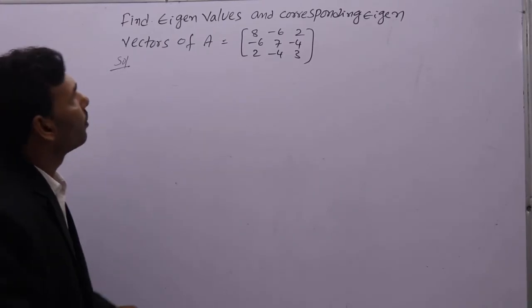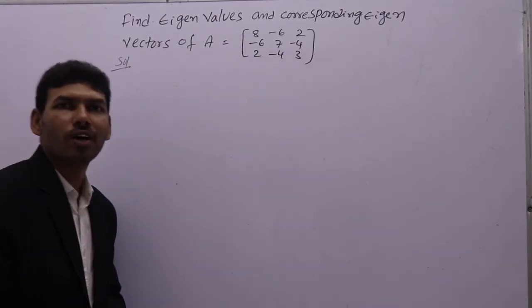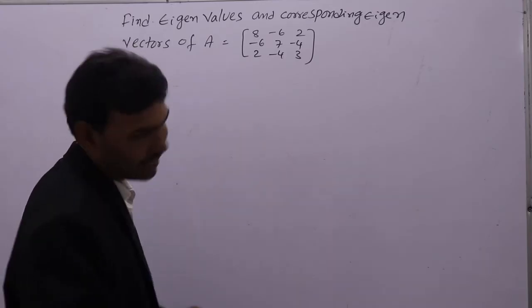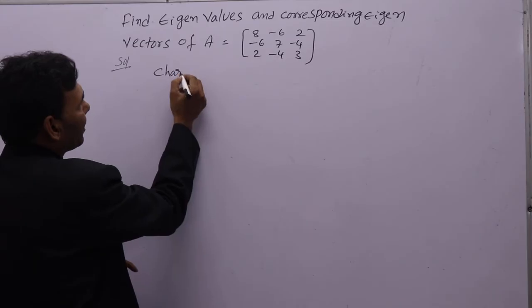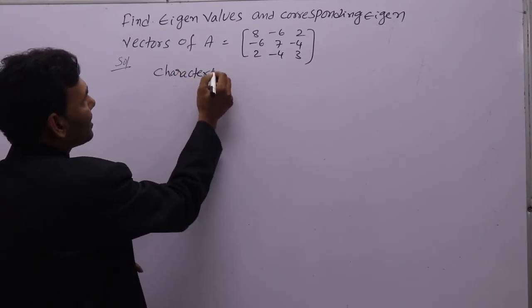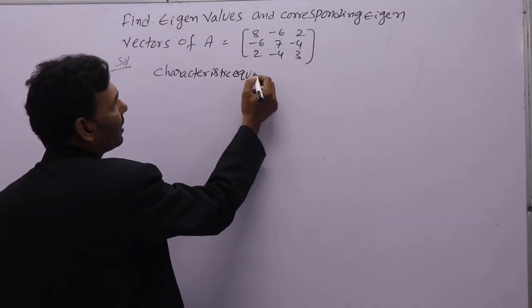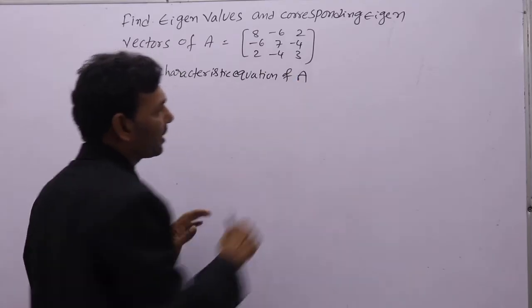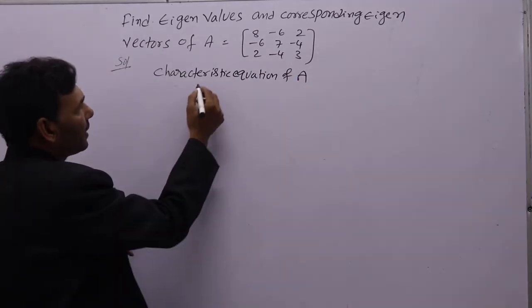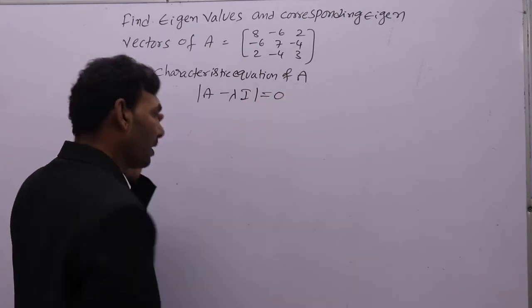Now we need to find the eigenvalues and corresponding eigenvectors of a 3 by 3 matrix. For that, as I just said, first write the characteristic equation of A. The formula is det(A minus lambda I) equal to 0.